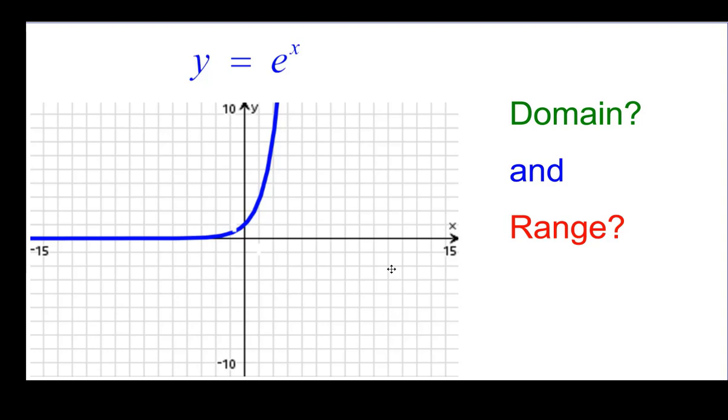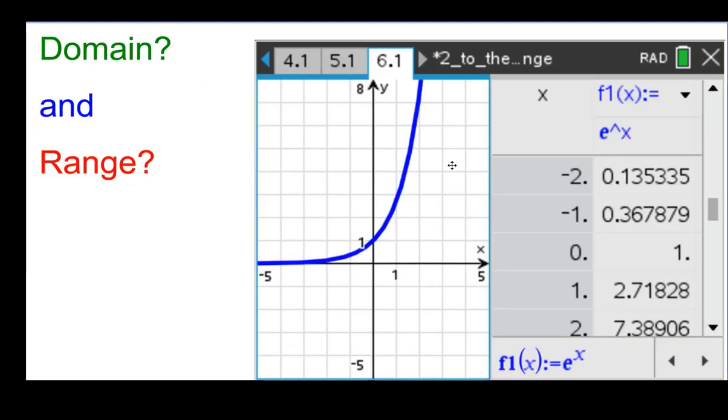Domain and range for this function. Again, we'll look at a graph and a table. For the domain, if you look along the x-axis, every value on the x-axis has a y value above it somewhere. So all real numbers is the domain. The range will start with 0. It's not included, but everything above it is.